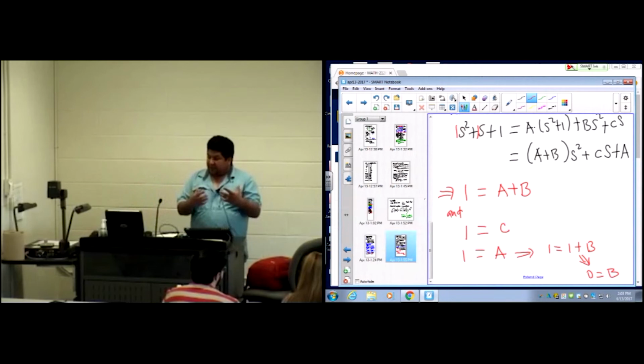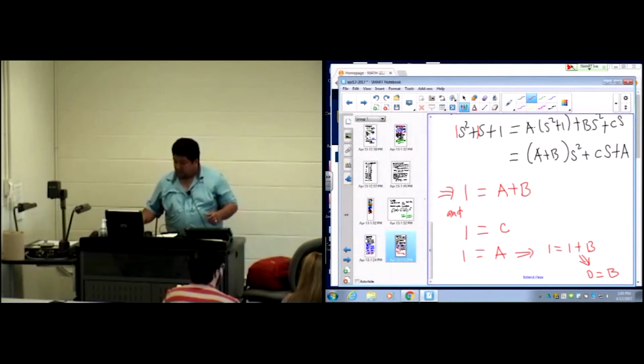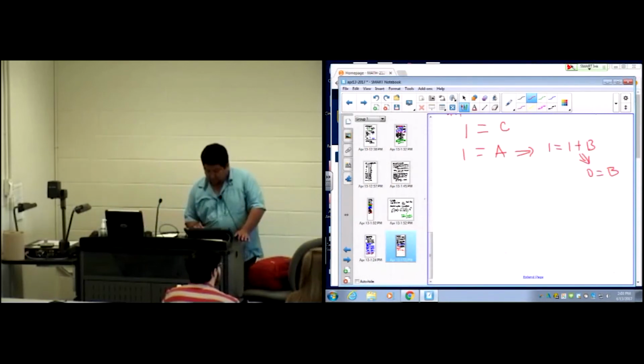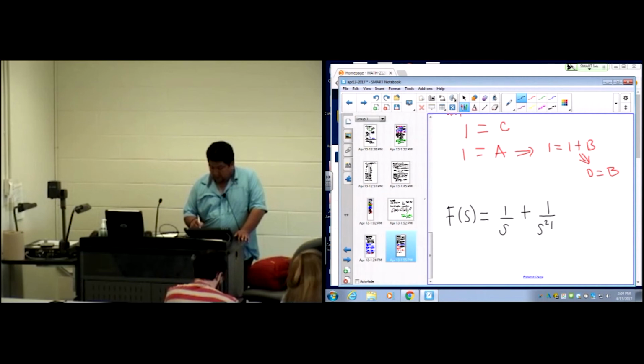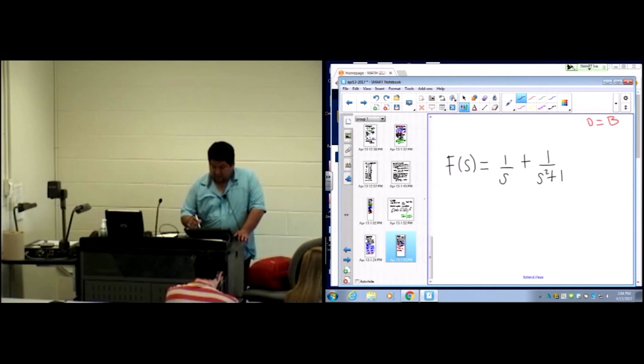And in doing that, the big step here really is to take the inverse Laplace transform of this, and inverse Laplace transform of that, and we can easily confirm from the table that the inverse of 1 over s is the constant function equal to 1, and the inverse of this one would be sine of 1t.